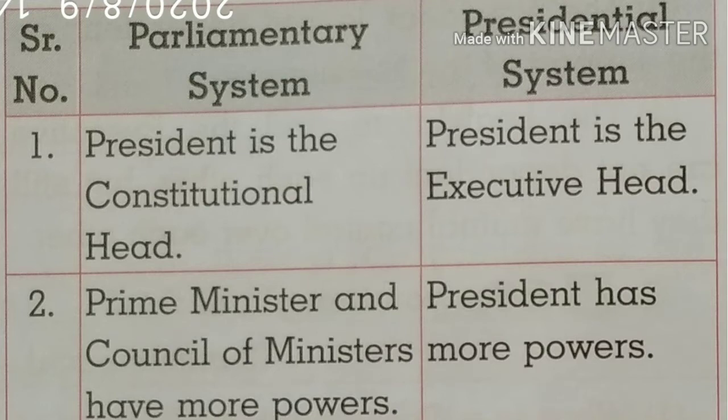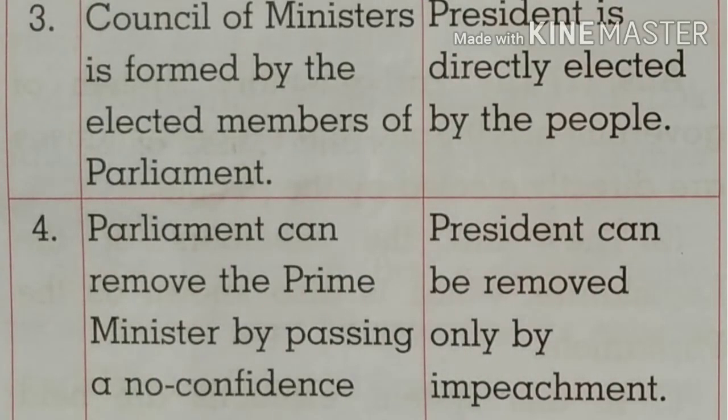Prime Minister and Council of Ministers have more powers in parliamentary system, and in presidential system, President has more powers. Next, in a parliamentary system, Council of Ministers is formed by the elected members of Parliament, and in presidential system, President is directly elected by the people.